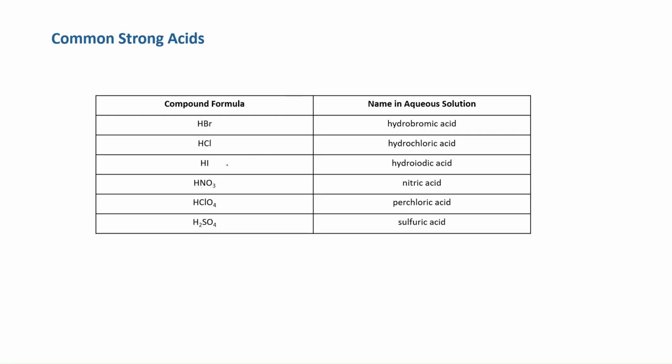There's only 1, 2, 3, 4, 5, 6 strong acids. Just memorize them, because if it's not in this group of 6, automatically it's a weak acid. So you have the 3 halogens except for fluorine, and everybody knows nitric, perchloric acid, and sulfuric acid. So really, it's not much of a memory. The advantage, again, is that then I give you another.